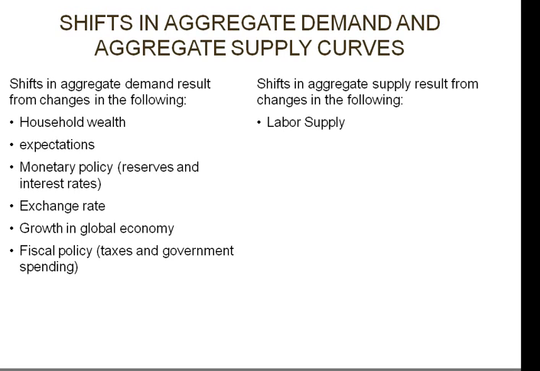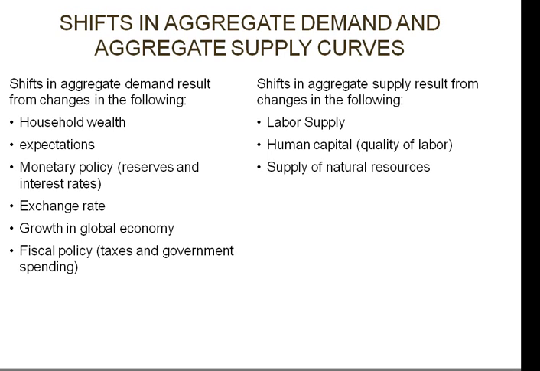Shifts in the aggregate supply result from changes in the following: labor supply. When labor supply increases, aggregate supply increases. Human capital, quality of labor: if the quality of labor improves, it means more and more skilled people are coming into the market, they are producing more, so the aggregate supply curve shifts upward or forward actually.